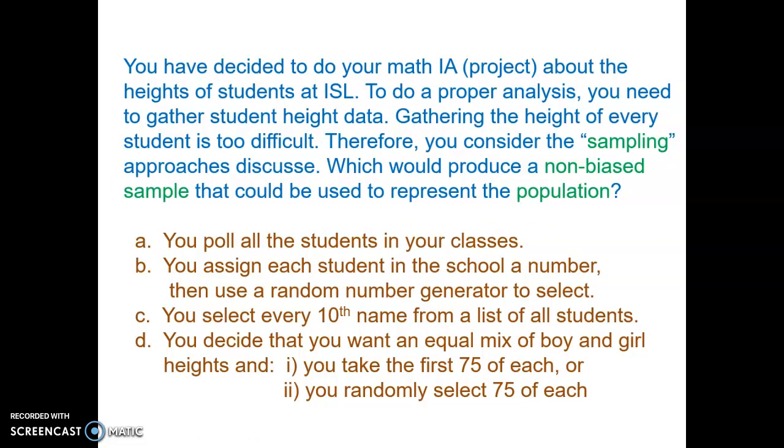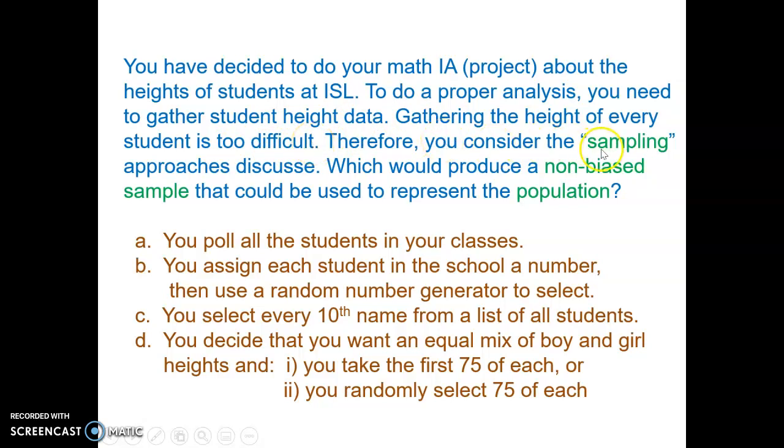One last question. Let's say you have decided to do your Math IA, your exploration project, about the heights of students at ISL or at your school. To do a proper analysis, you need to gather student height data. Gathering the height of every student is too difficult. Imagine trying to get the height of every student in the school. That's a lot.